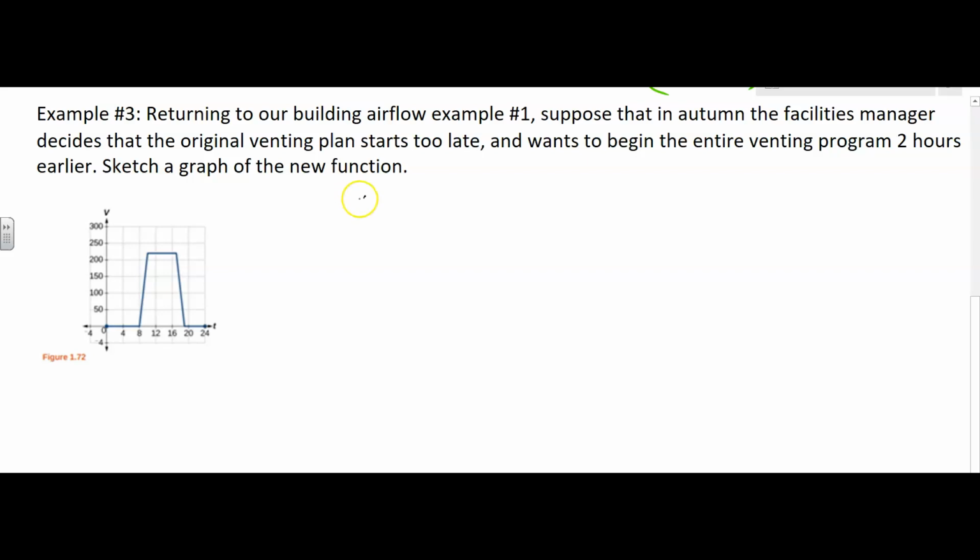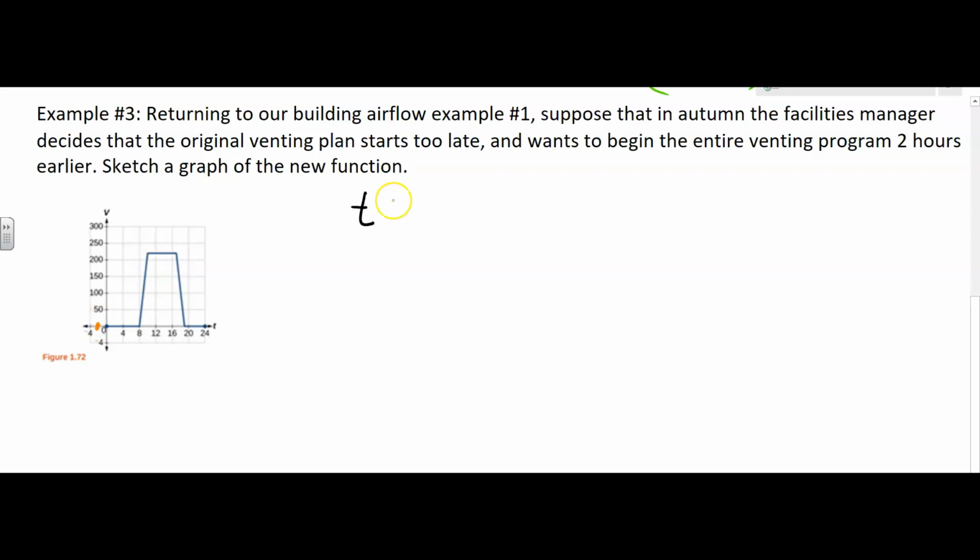What used to happen at midnight, now we want it to be 2 hours earlier. We want to take t and shift it back, so we want it to come over 2 hours this way. We want it to go to the left.